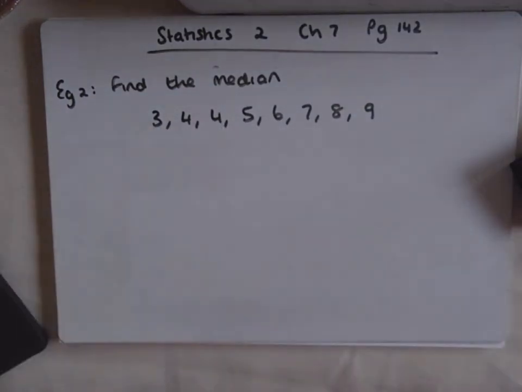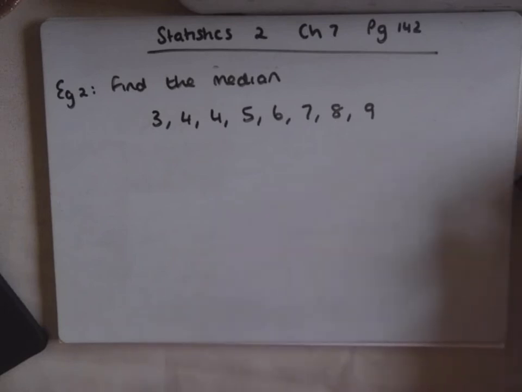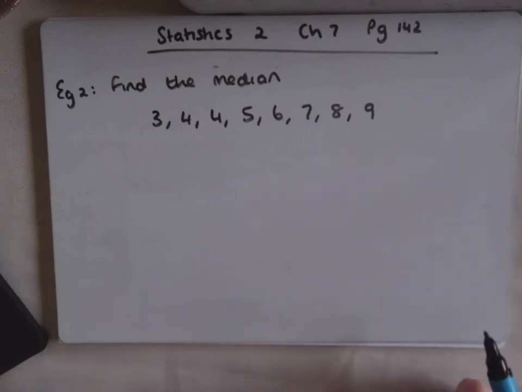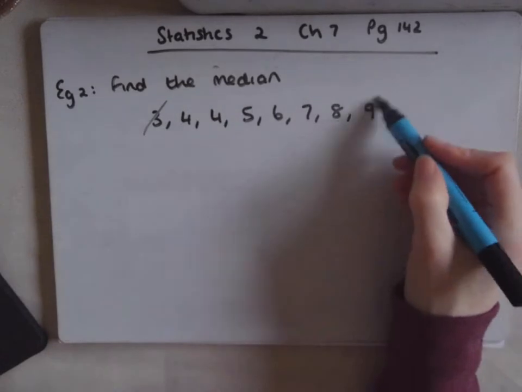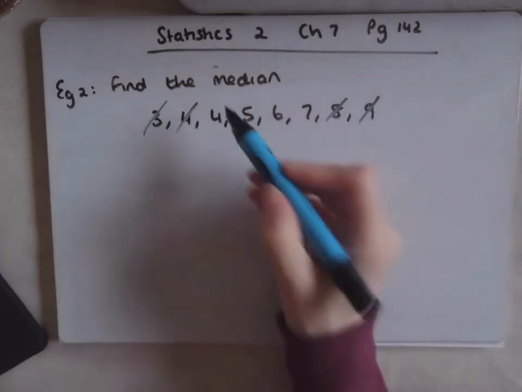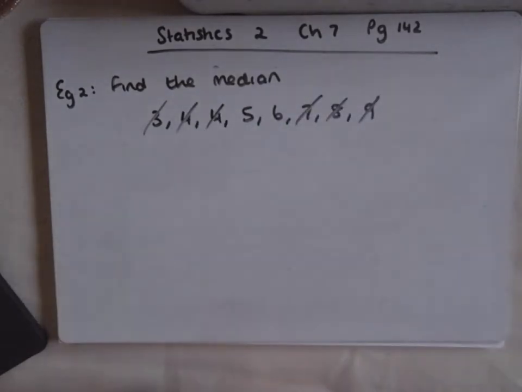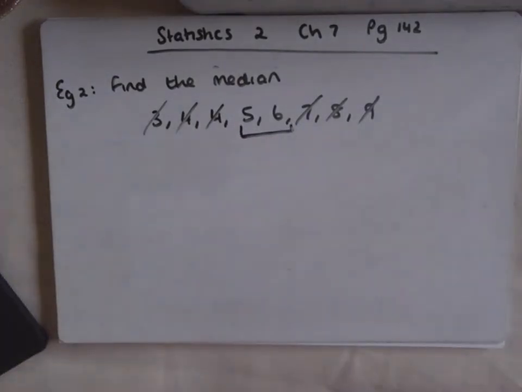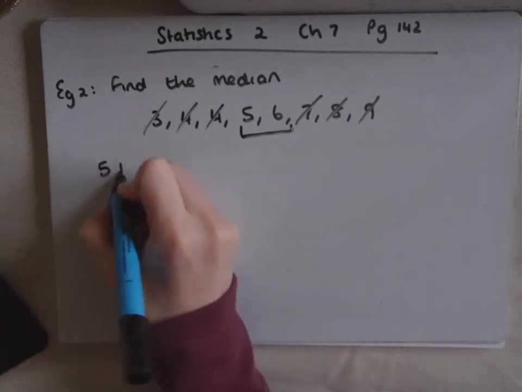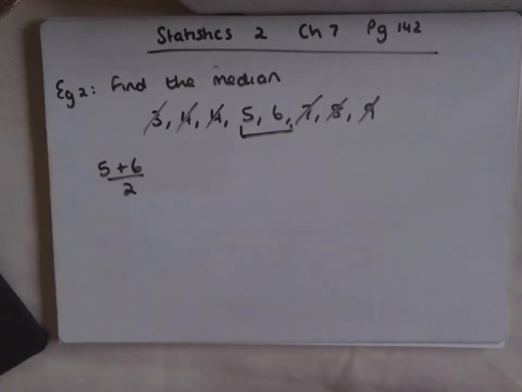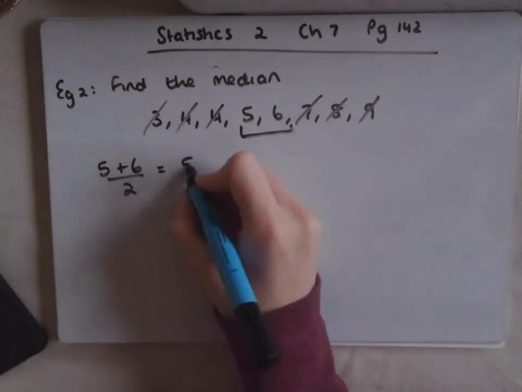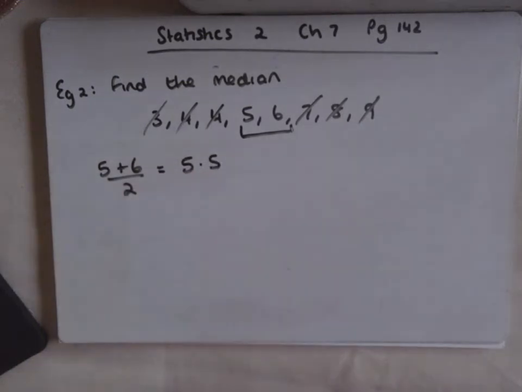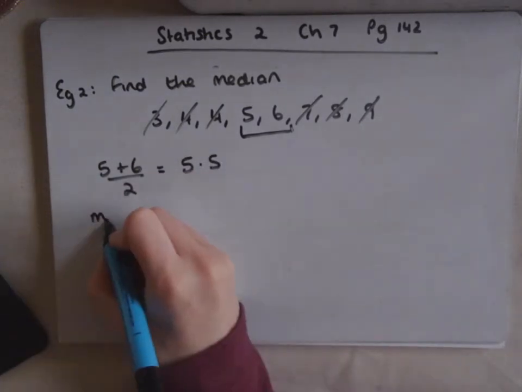Okay, so here's my list. It's in order. Okay, I'm going to start knocking off from the beginning and the end. Beginning, end, beginning, end. And what happens is I'm left with 2. Okay, when you're left with 2, you just get the average of the 2. So you're going to add 5 and 6 and divide your answer by 2. Okay, so that gives you 5.5. That's how you get the median.